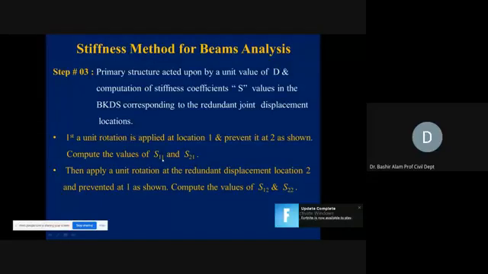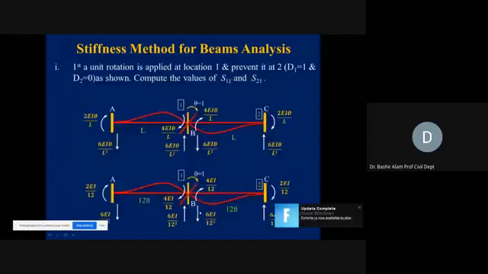So at 1 due to 1 and at 2 due to 1. And when we allow rotation or displacement at the second location, then the second subscript will become accordingly 2 now. So S at 1 due to 2 and 2 due to 2 now. And now let's show this now how we do it for this specific problem.